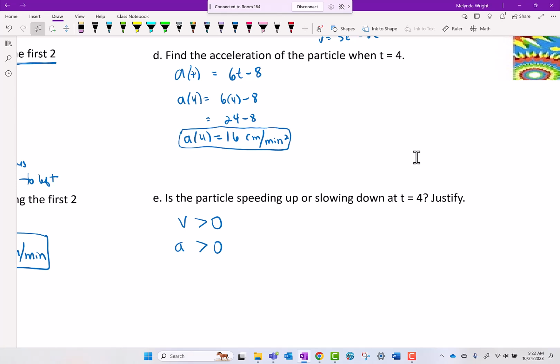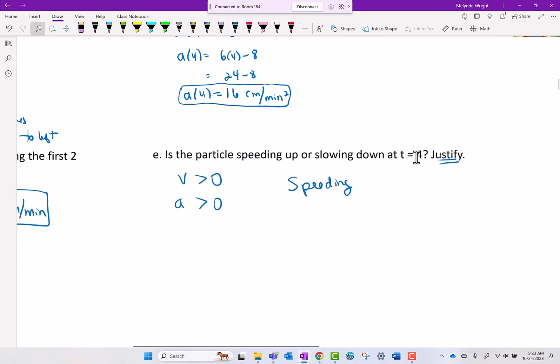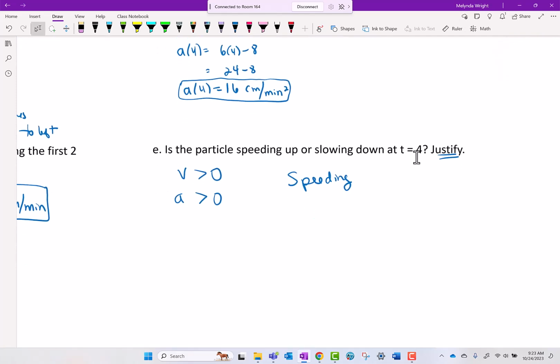We're speeding up. It says justify, but even if it doesn't say justify, you need to justify. Sometimes they'll put a point with justifying and not even say to justify. So please be sure you're justifying.